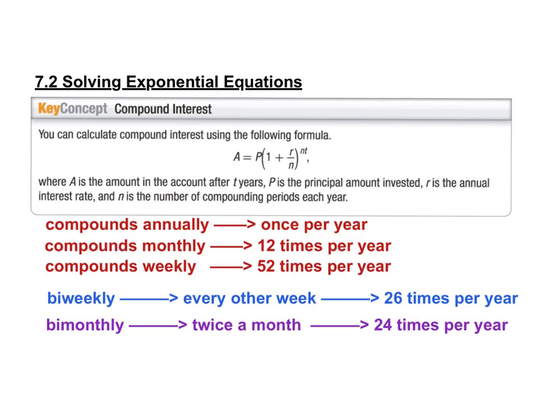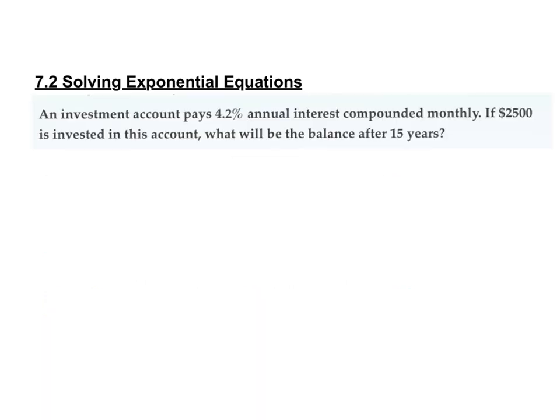Alright, here's the type of problem we're going to look at. Here is the example. An investment account pays 4.2% annual interest compounded monthly. If $2,500 is invested in this account, what will the balance be after 15 years? This is a realistic type of problem.